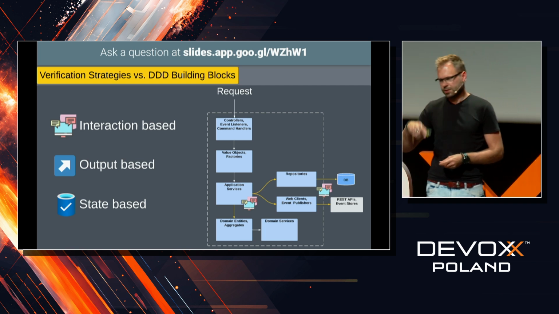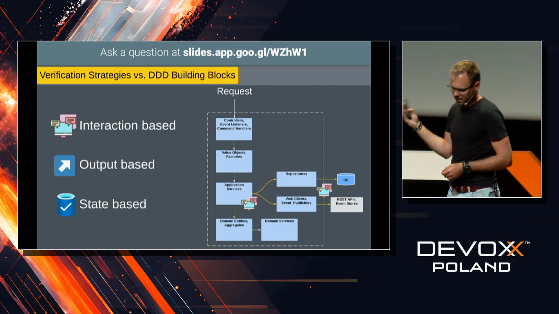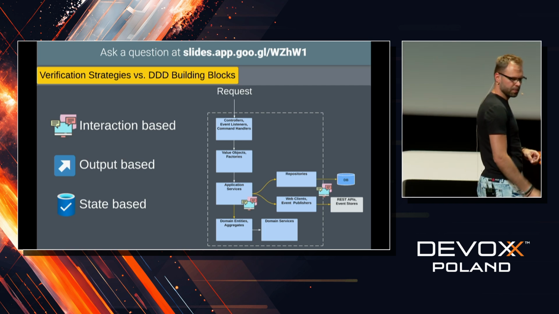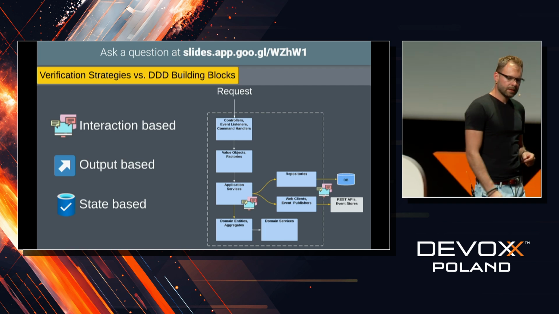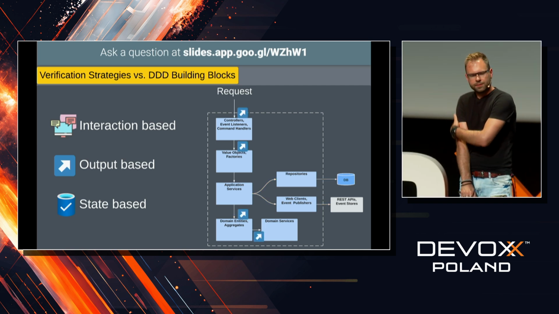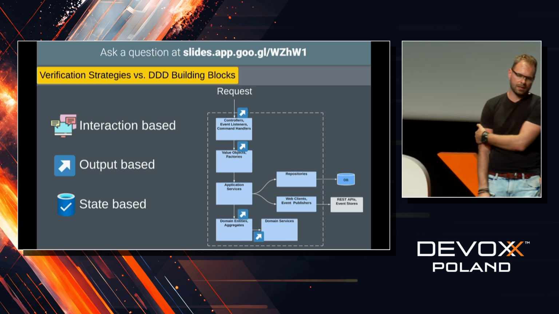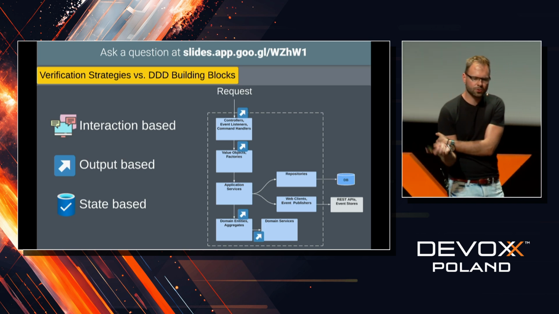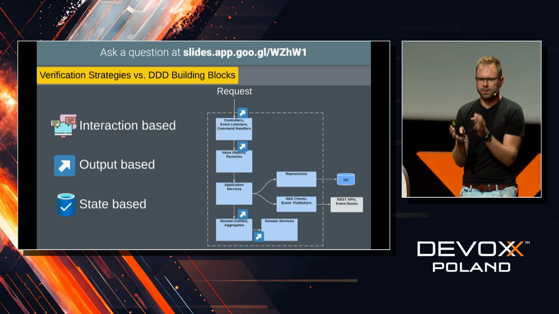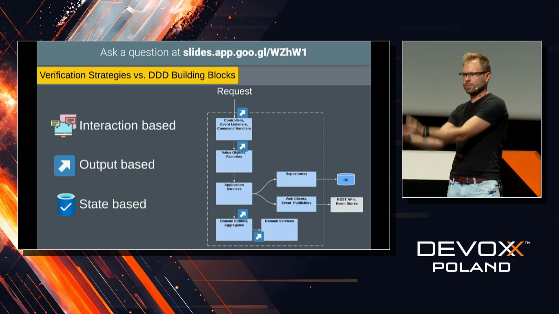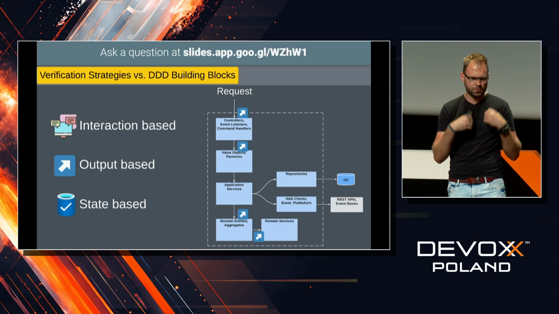Also, repositories and web clients are interacting with either the database or external HTTP APIs. And output-based, which is nice, we have a lot of possibilities where we can verify only output, which is basically our holy grail. On controllers, yes, we are checking whether we mapped the request properly, handled it, and mapped it to the response, like JSON input, JSON output.